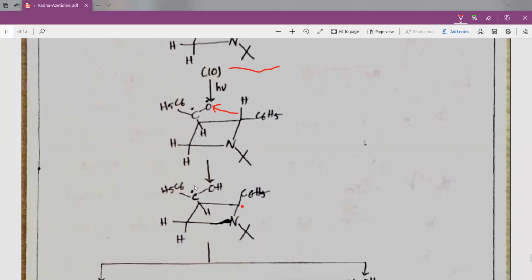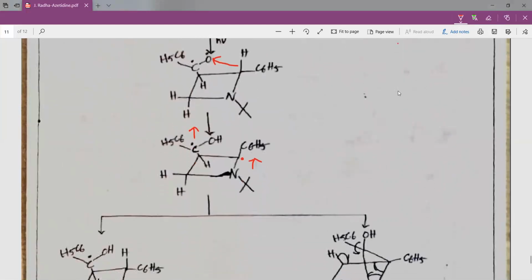So initially these electrons will have the same spin. It is a triplet biradical initially, which is then converted into a singlet biradical and then undergoes rearrangement.